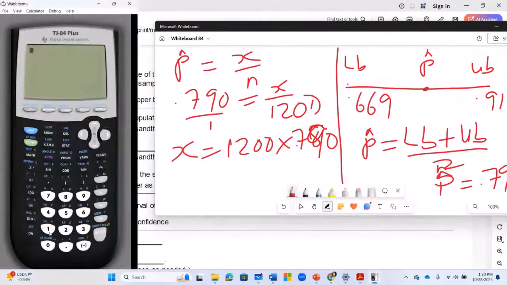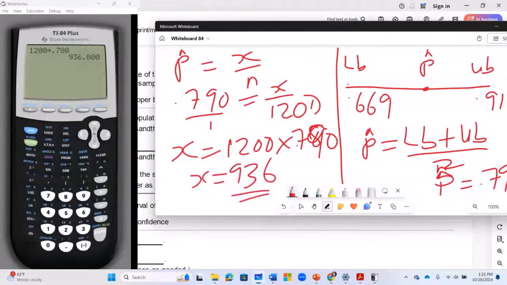So I have 1200 multiplied by 0.790, and I hit enter. And so actually, it is 936. So 936 people showed up. So x is equal to 936 out of 1200.